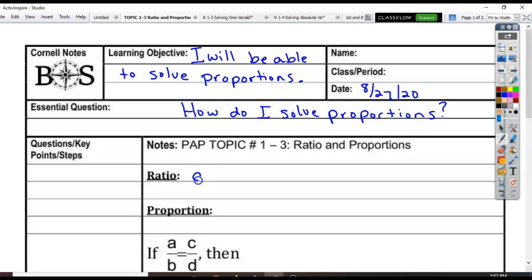A ratio is a fraction that represents a relation between two quantities.